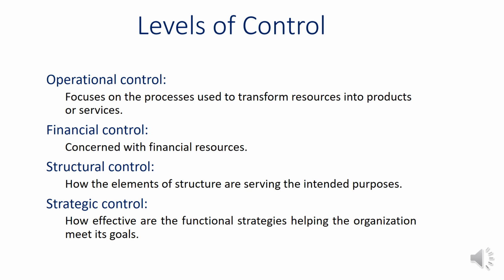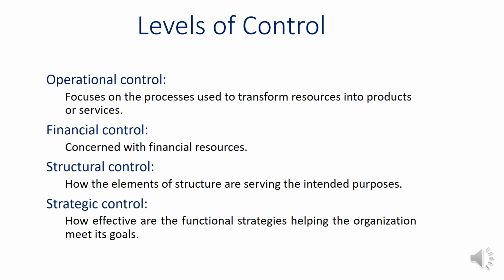According to that process, you will be providing whatever source of finance is needed. Next, you will have structural control. An organization has different structures, so for each structure you have to go for different planning, and accordingly you go for control.